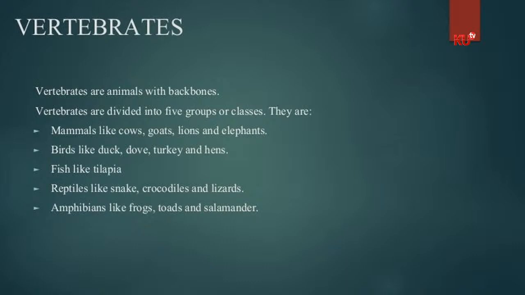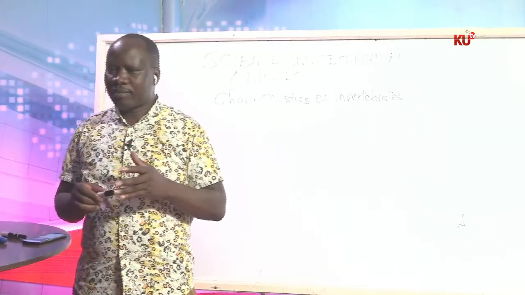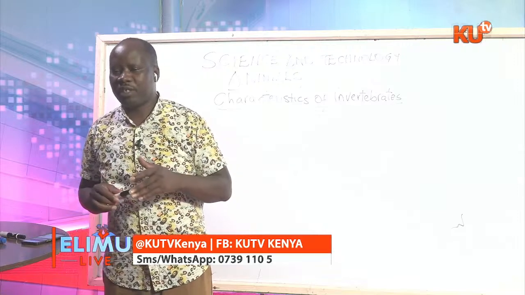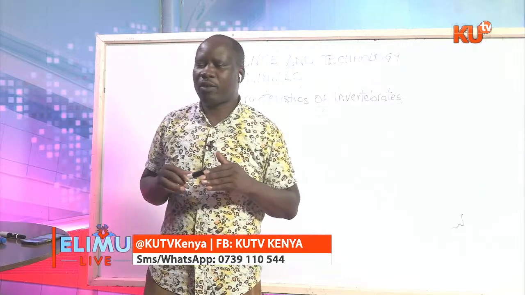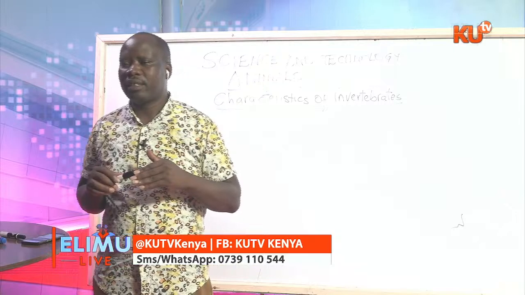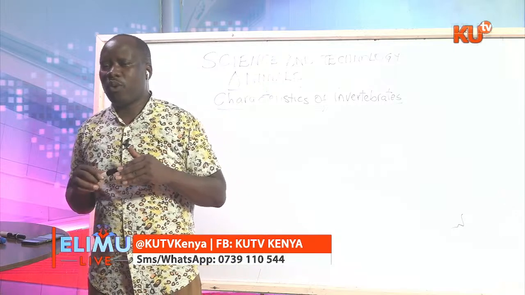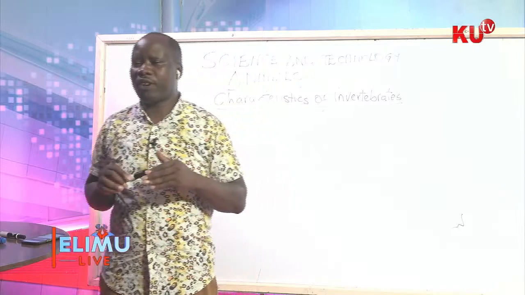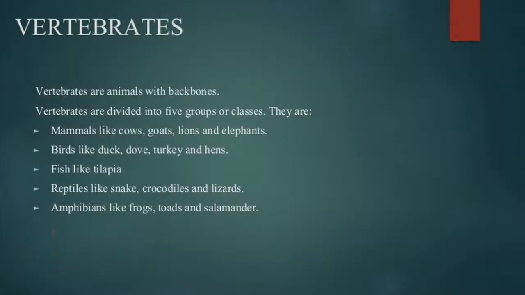So the first category we said mammals. The second one we've talked of birds. Then number 3, we have talked of fish. Group or class number 4 of vertebrates is made up of what is called reptiles. Reptiles is the fourth group or category. And what are these examples of reptiles?